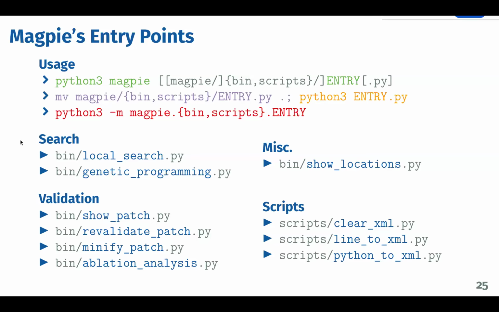And there are some scripts to deal with XML: one to take an XML file and get the source code back, one to take a file and have an AST representation in XML of simply line by line. And as an alternative to SrcML, which supports C, C++, C# and Java, we have Python to XML to take a Python file and have an XML file with the AST.